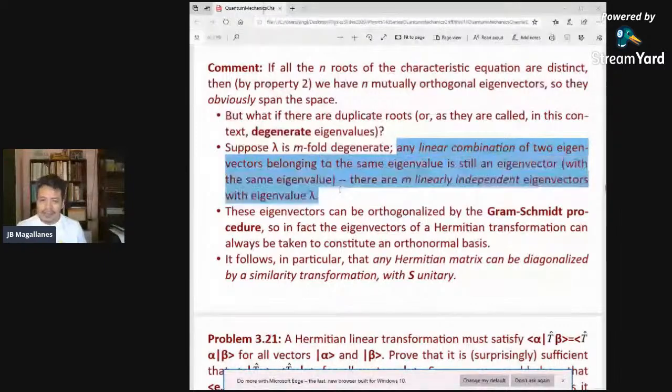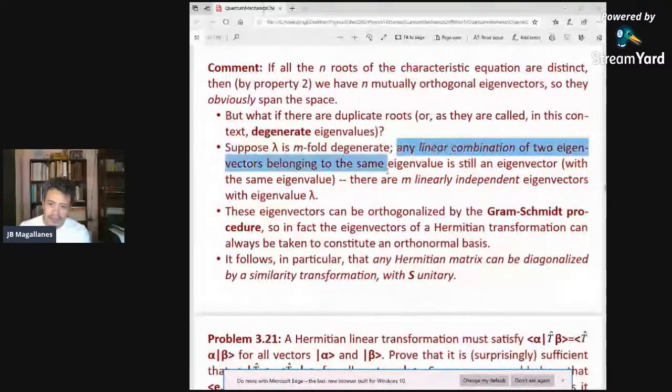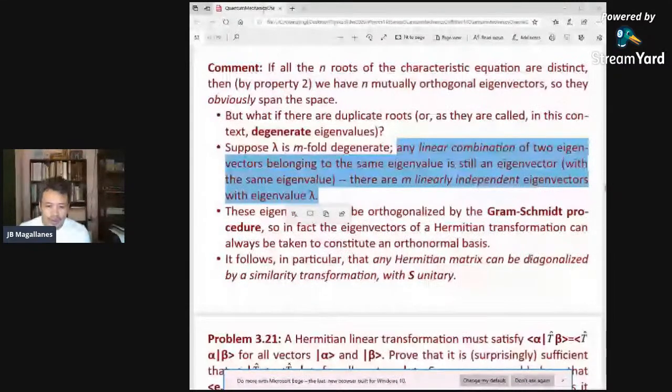So you will now have m linearly independent eigenvectors with eigenvalue lambda. You will encounter this when you solve a matrix and you find out that there are degenerate eigenvalues.